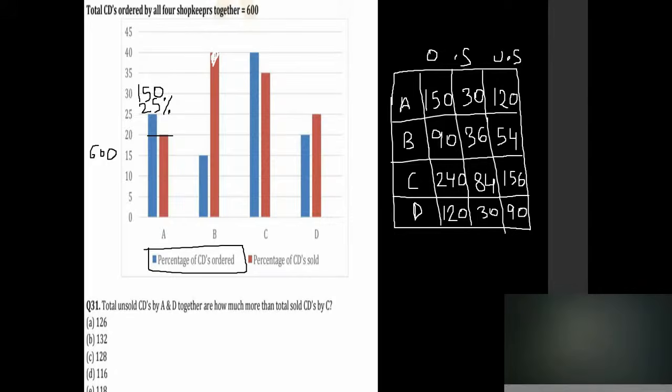From this data, try to answer the 31st question. Total unsold CDs by A and D together are how much more than total sold CDs by C? Unsold is the last column.